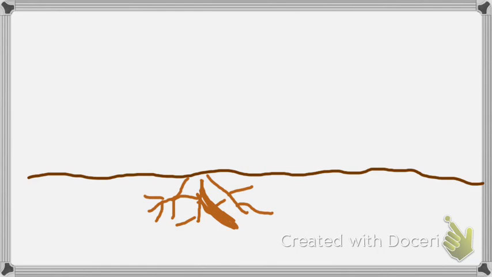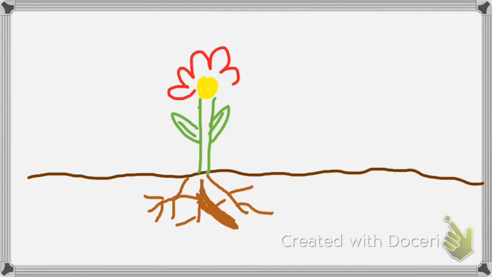Okay, and let's go ahead and draw our stem, probably a couple leaves, and we'll draw a pretty little flower right up here on top. And that will be our plant. Alright, so let's go ahead and start labeling this plant, how it works.